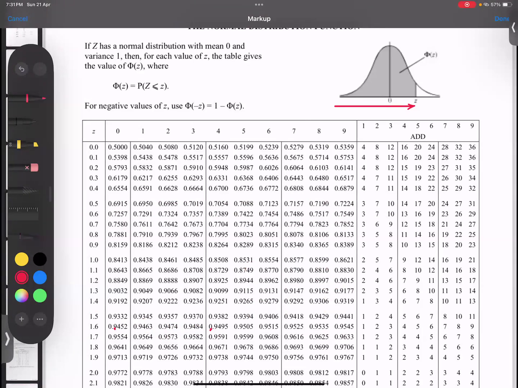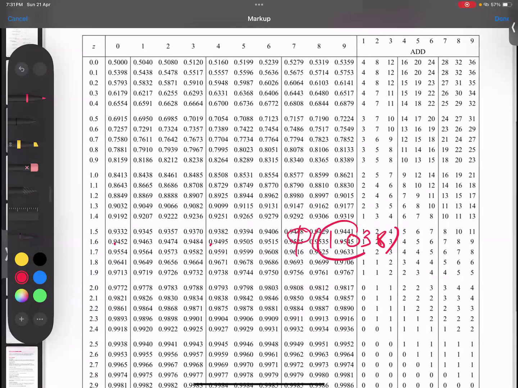What I'm looking for is phi of 1.038. The 1.0 comes from this line, the 3 comes from the top, this number, and the 8 comes from this number.